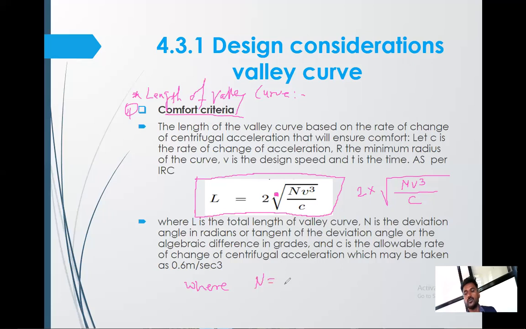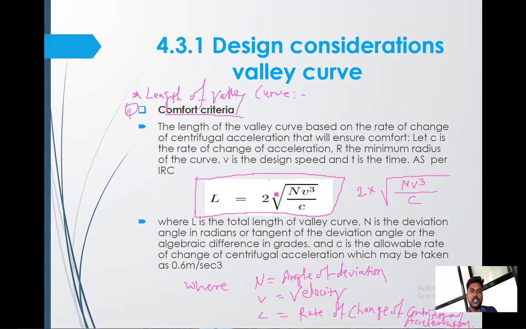N is equal to angle of deviation, V is equal to velocity, and C is equal to rate of change of centrifugal acceleration.